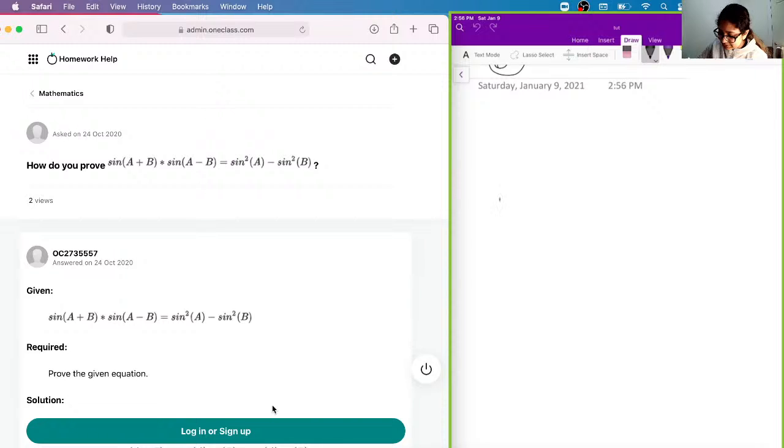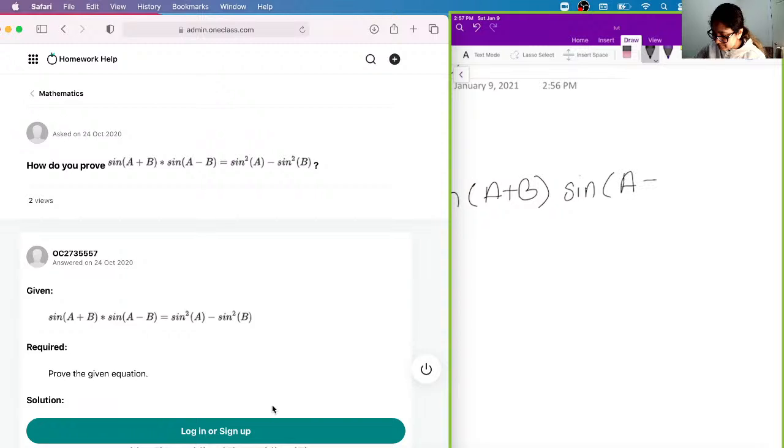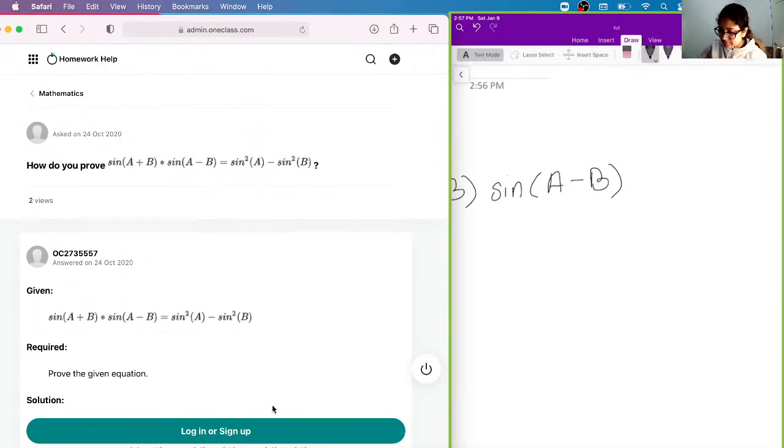So we have sine of a plus b times sine of a minus b, which is equal to sine squared a minus sine squared of b.